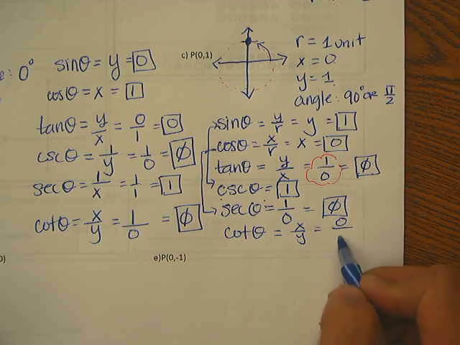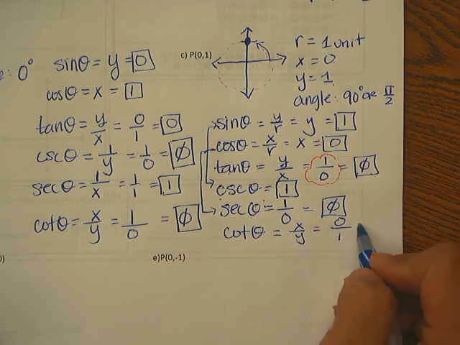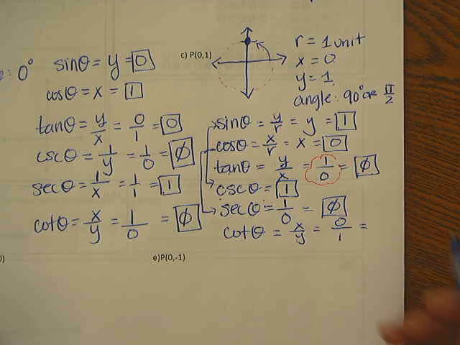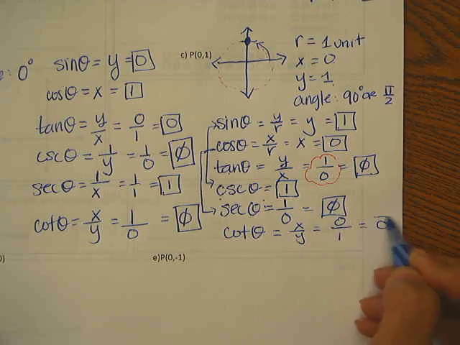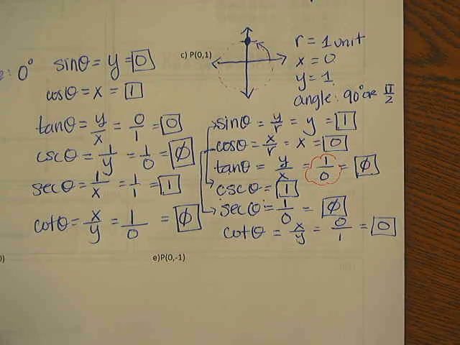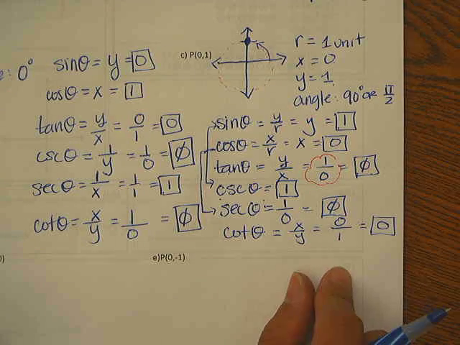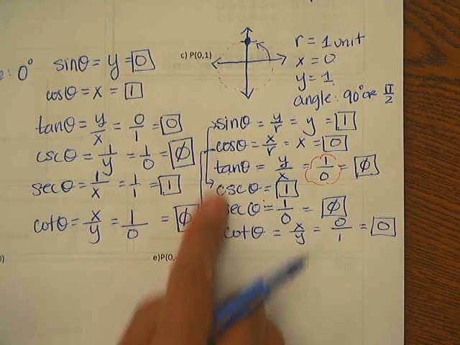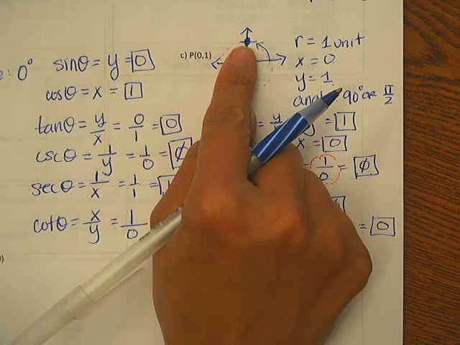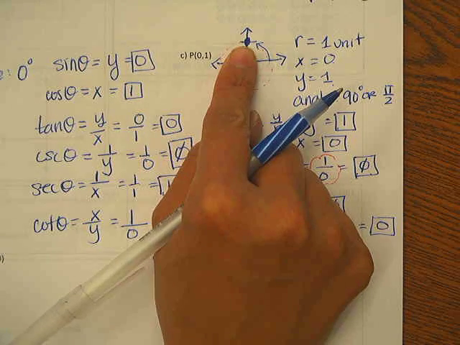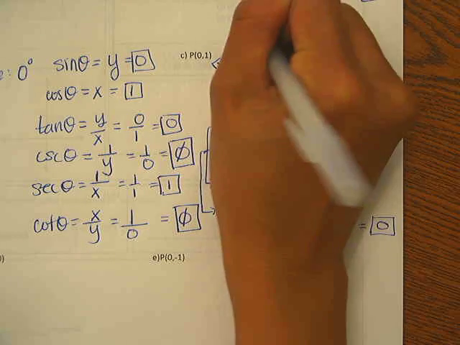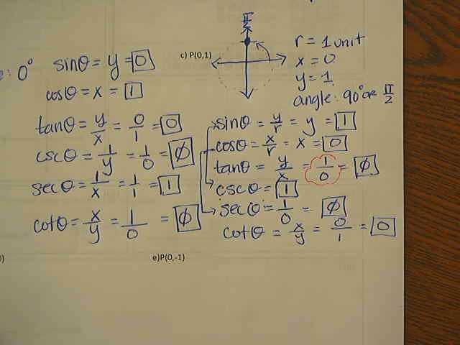You can write 0 over 1. 0 over 1 is okay. 0 divided by one is still going to be 0. So these are all the 6 trig values from our 6 trig functions for this quadrant angle, which is pi over 2, if you want to label it.